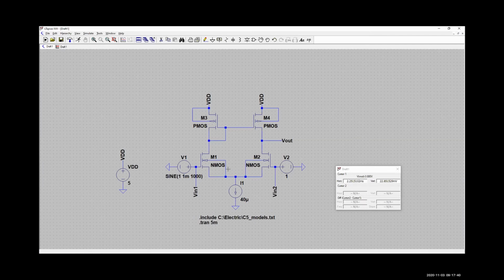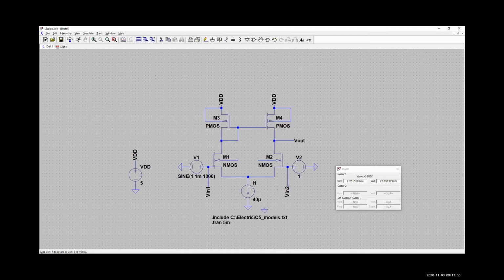I want to see, just for the heck of it, what happens if I tie those body connections explicitly to ground, if that changes my gain or anything. My best guess is that it will have an effect, because if my source and body aren't at the same potential, then I should see body effects, which cause an increase in my threshold voltage and all that kind of good stuff.